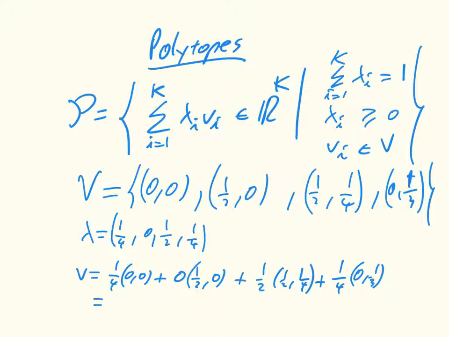That would give an eighth plus a twelfth. That point there would be inside our polytope. But for example, if one of these numbers was different, for example if this number was just 1, so that the total sum was not 1, then our point would not be in P.